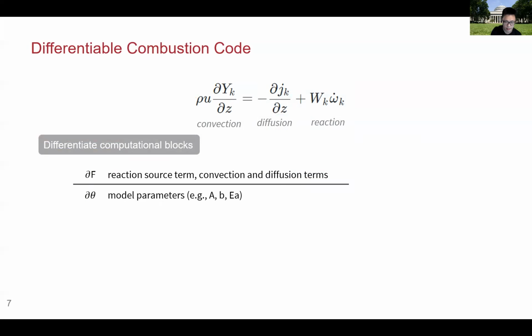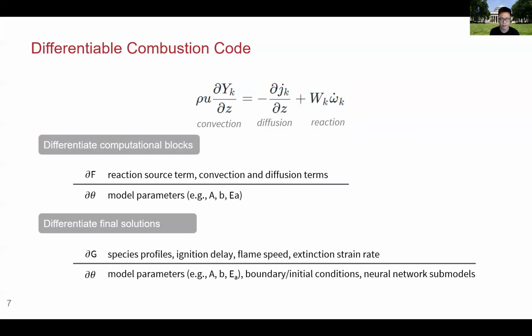With this elemental computational block, we can also differentiate the entire combustion simulation code, which usually computes the gradient of the species profile, ignition delay, and flame speed with respect to the model parameters.